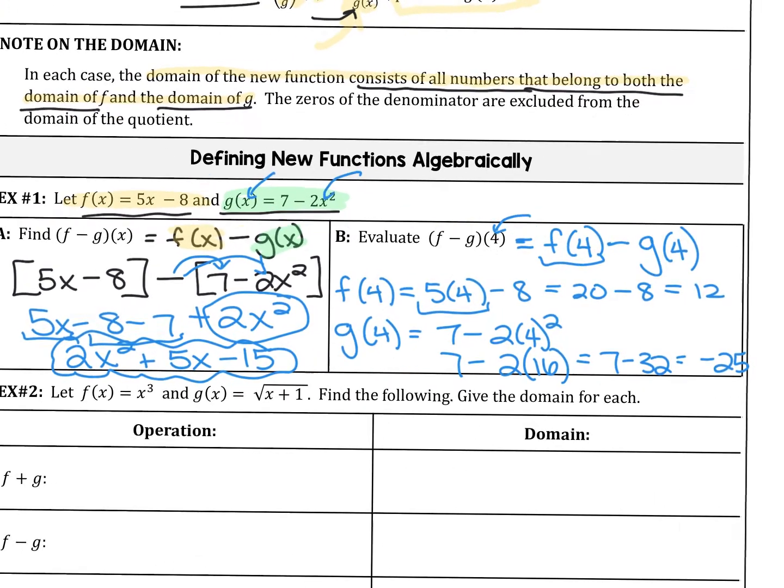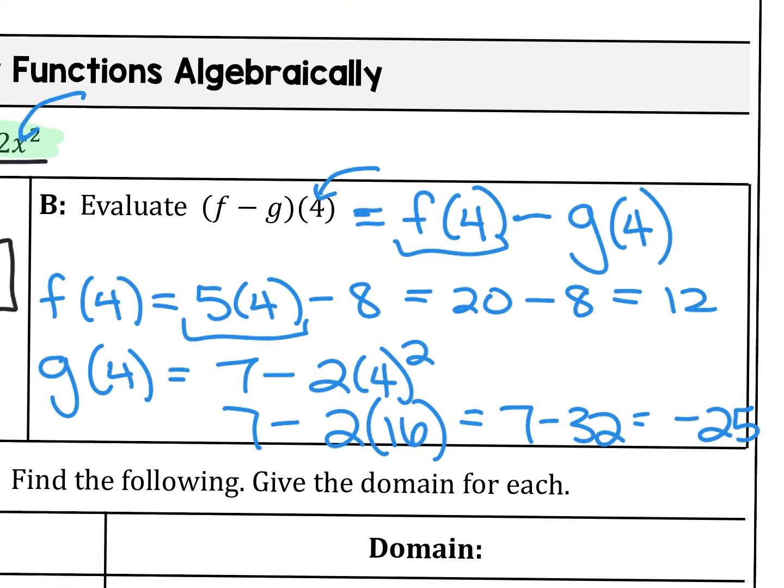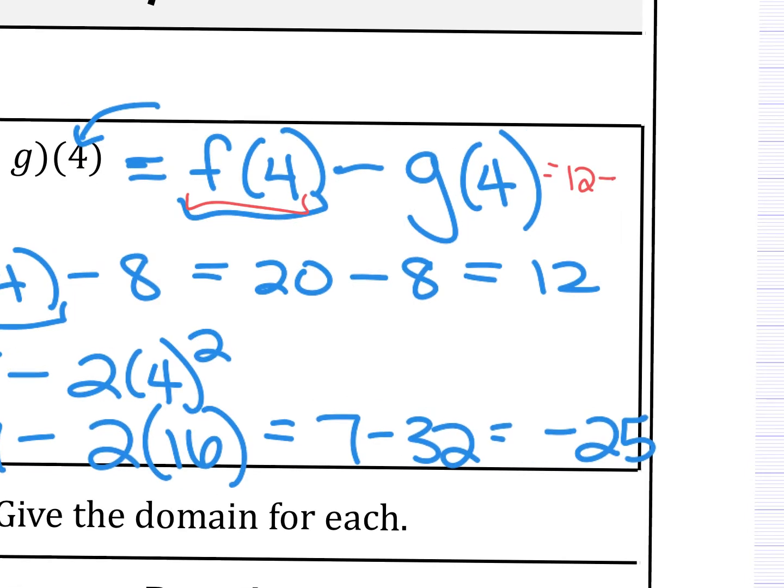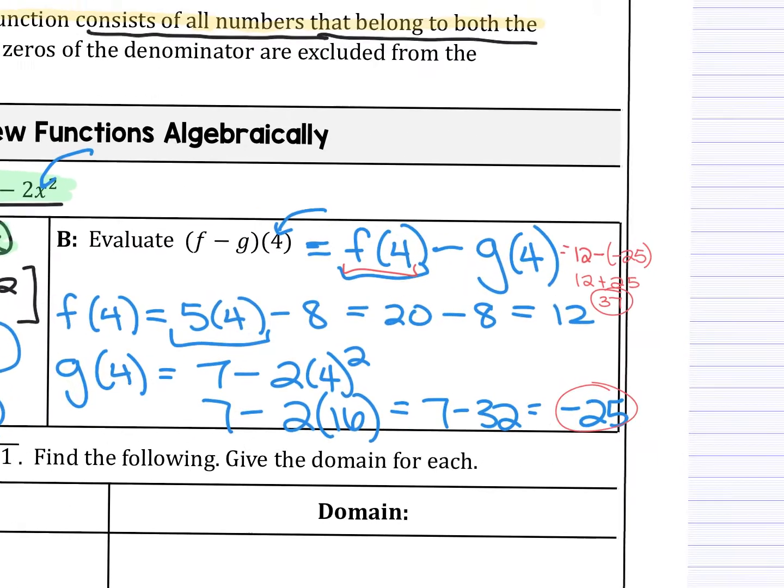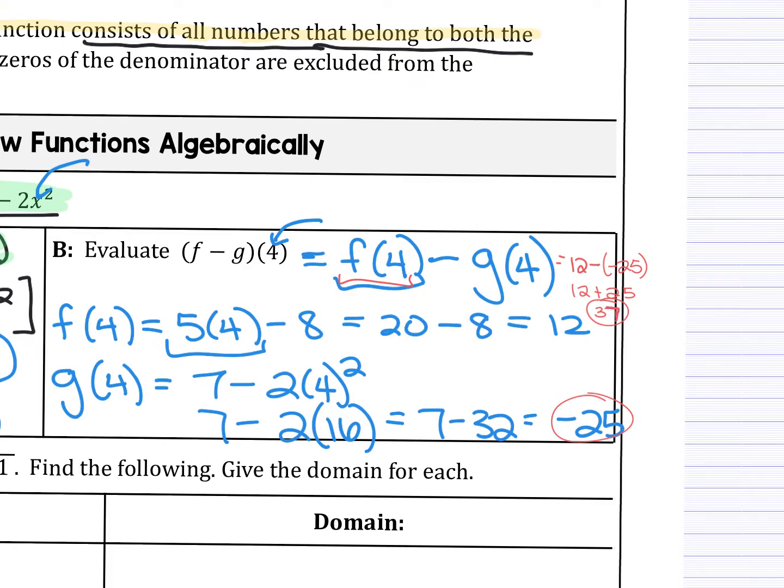So f of 4 minus g of 4 really boils down to, since f of 4 is 12, minus g of 4, g evaluated at 4 is negative 25. I actually get 12 minus a negative 25, which is 12 plus 25, which is 37. So that would be our final answer, 37.